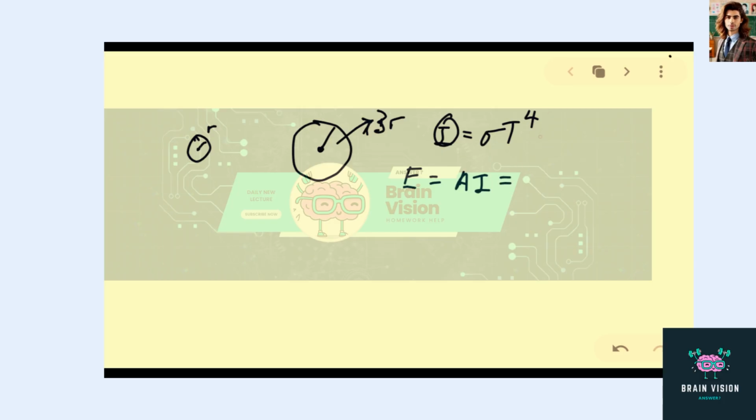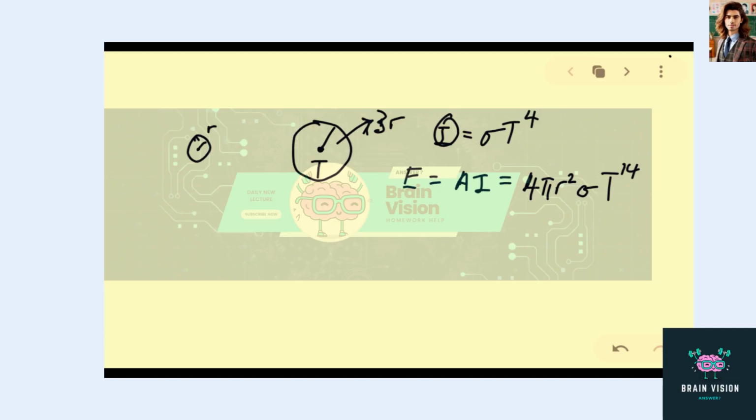In this case, that is 4 pi r squared times sigma times T to the power of 4. This is for the smaller star, so this is actually T prime, because it's not the temperature of the cooler star.